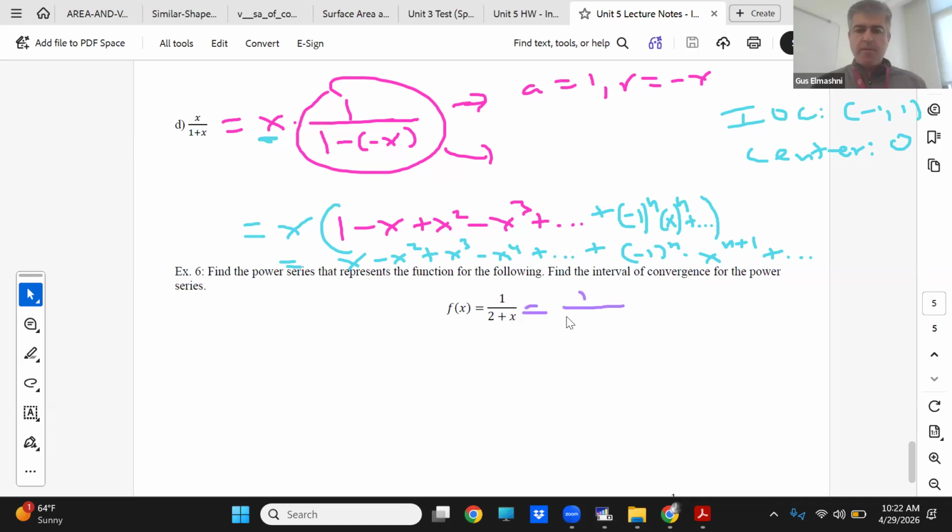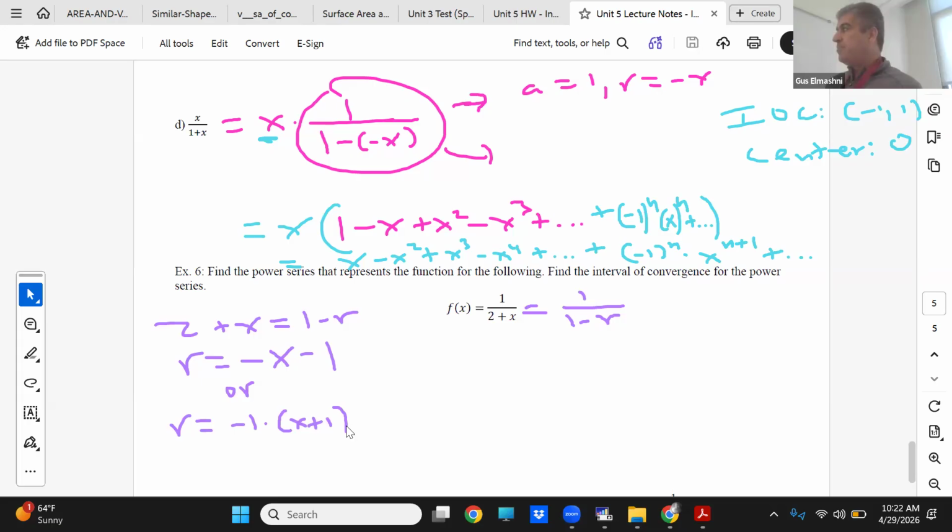Think of this as 1 over 1 minus r. So 2 plus x. What's r going to equal? Negative x over 2? Not over 2. Negative x minus 1. You were dividing, right? You subtract 2. So r is negative 1 times x plus 1.